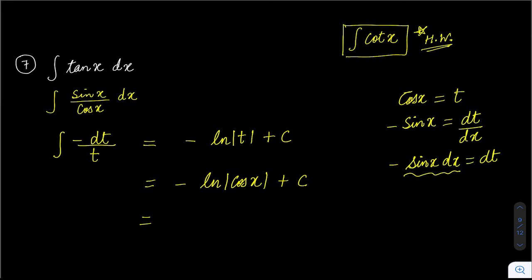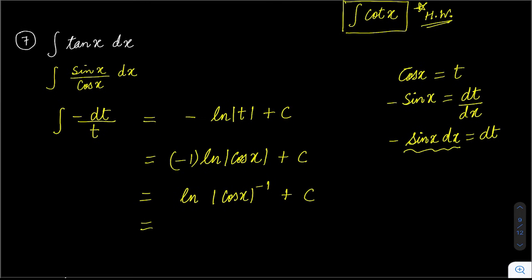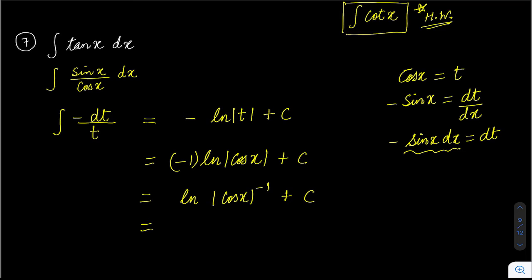Sometimes they give you this, and if you have to prove, sometimes what you can do is, you can take this minus 1 basically, to the power of cos x, right? We are using the log property. Then this is nothing but 1 over cos x. And what is 1 over cos x? 1 over cos x is nothing but secant x.